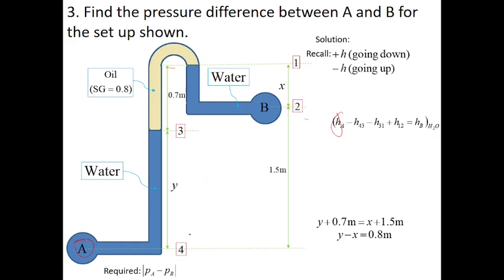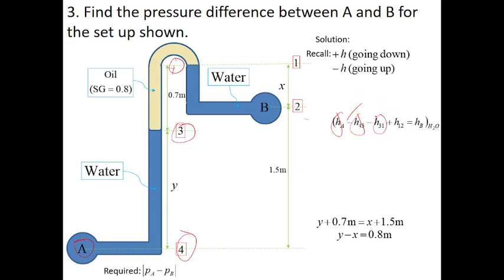Then going up from 4 to 3. Going up, minus. Then from 3 to 1. This is 1 also, right? From 3 to 1.